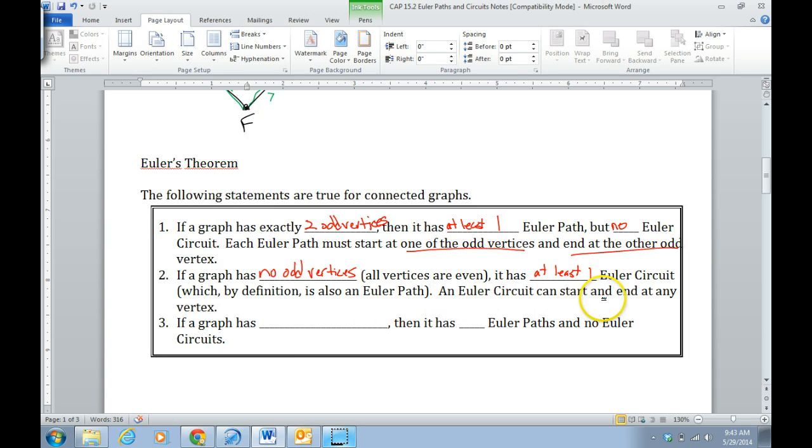An Euler circuit can start and end at any vertex. If a graph has more than two odd vertices, then it has no Euler paths and no Euler circuits.